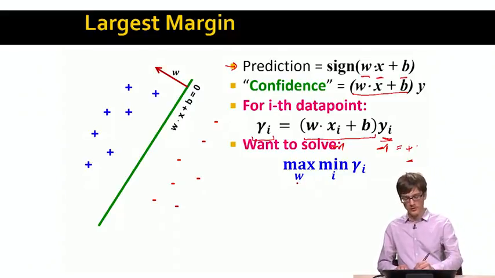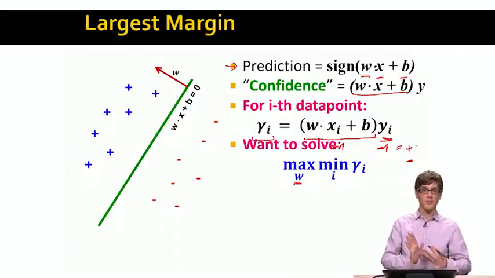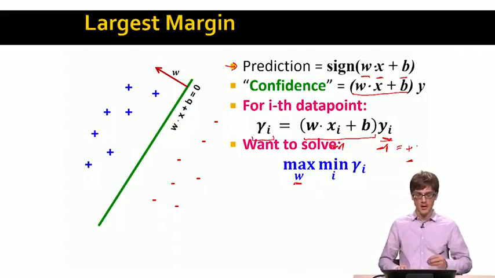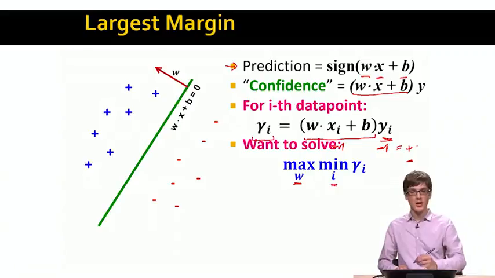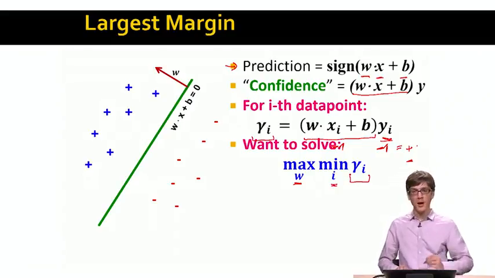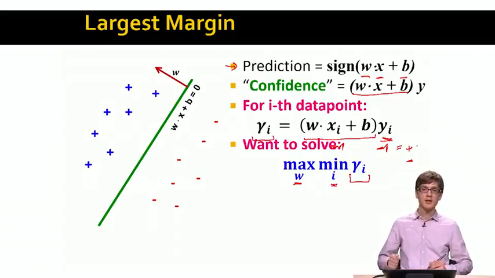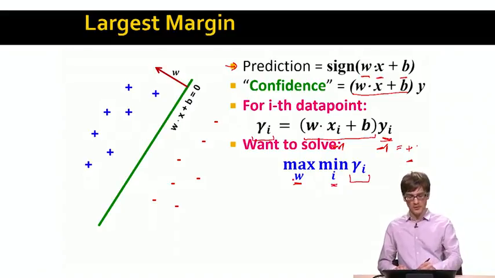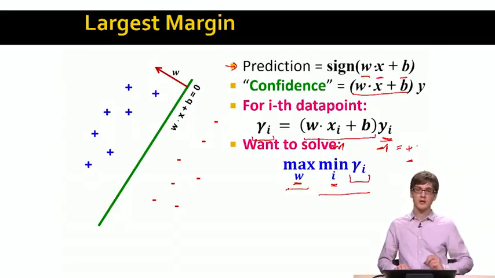Given this in mind, what do we want to do? We want to find W. We want to find the separating hyperplane, the decision boundary, such that for all our training data, the margin of each data point is as large as possible. So we want to find W where the smallest margin is as large as possible.